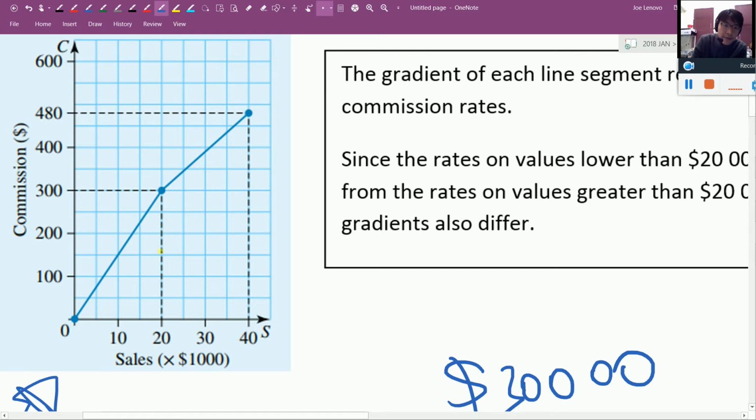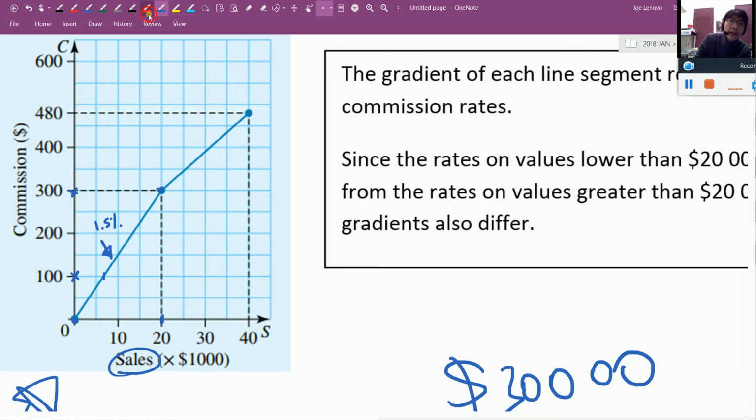this graph tells us what you need to sell for a given commission. For $300 commission, as we said before, you need to have a $20,000 sale. From zero to $20,000 in sales, they all follow the same commission scale, controlled by 1.5%.